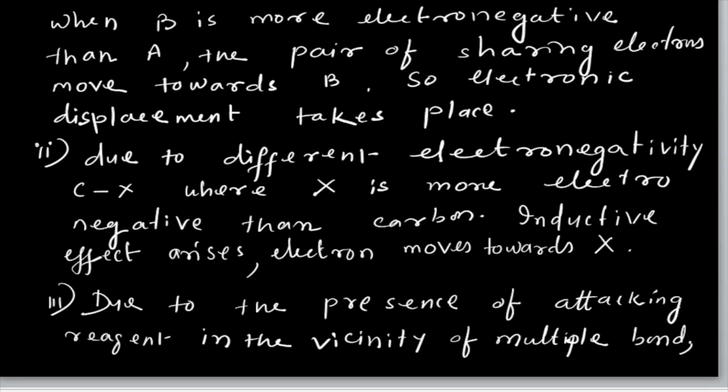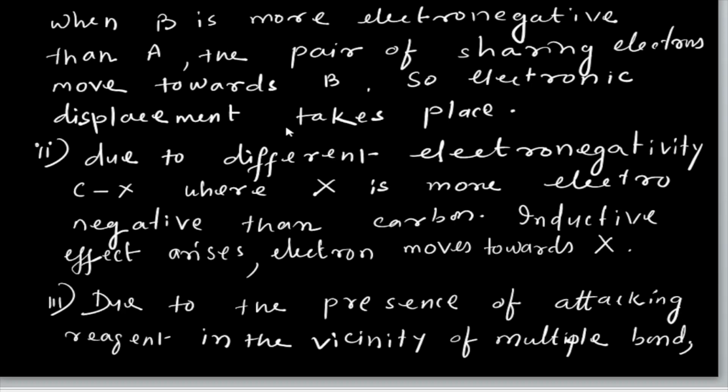Now if it is a heterogeneous molecule and B is more electronegative than A, the shared pair of electrons moves towards B, so electron displacement takes place. Suppose A is more electronegative than B, then what happens? The shared pair of electrons moves towards A. Due to different electronegativity, the question is what is meant by electronegativity?